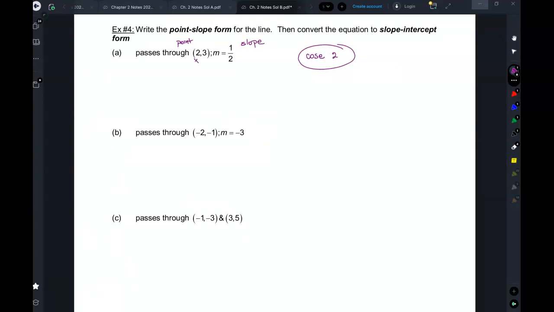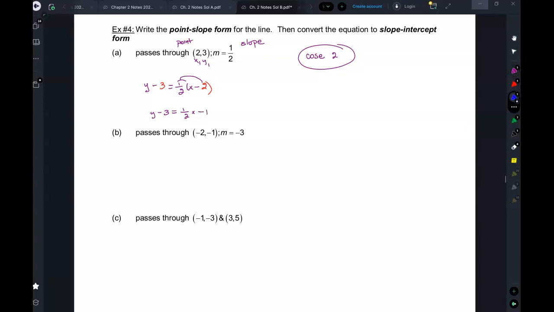Okay, so x1, y1. So it's going to be y minus what number? 3 equals half x minus 2. Distribute. y minus 3 equals half x minus, what do I get for that number? 1.